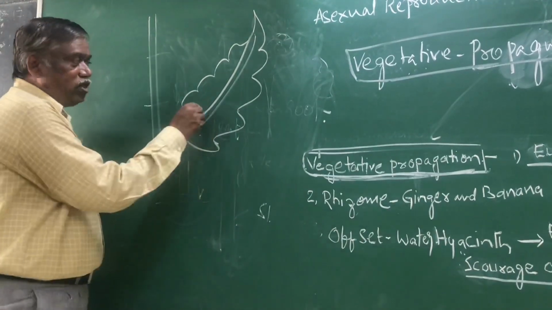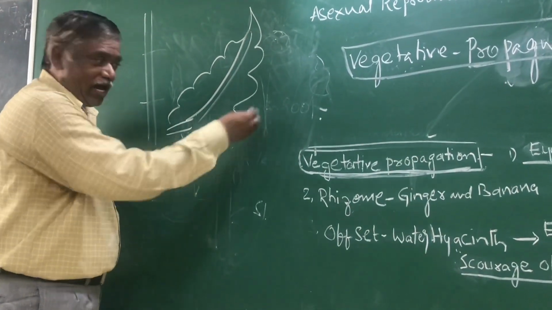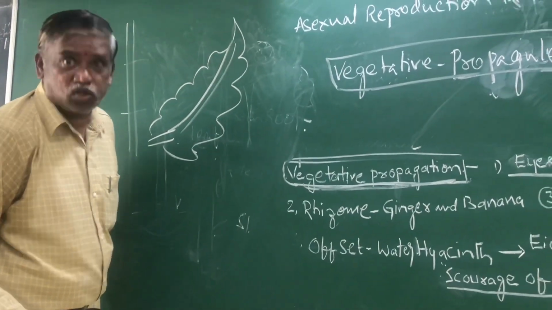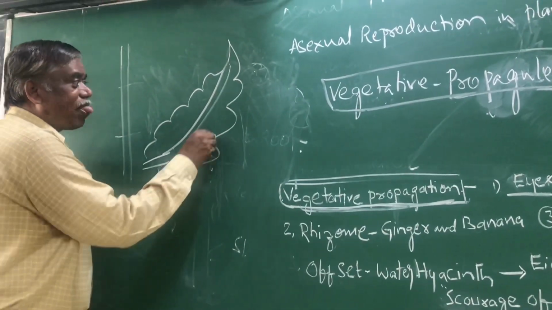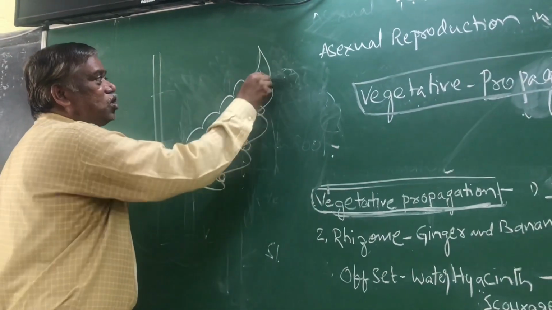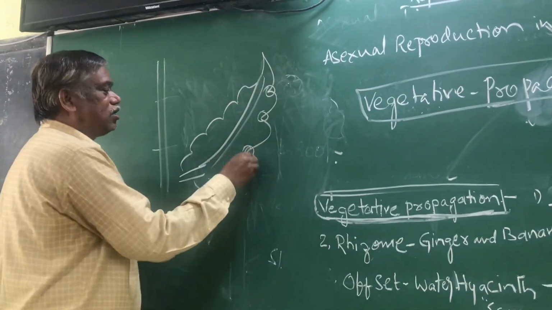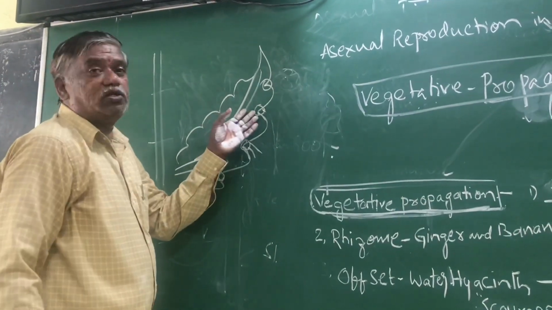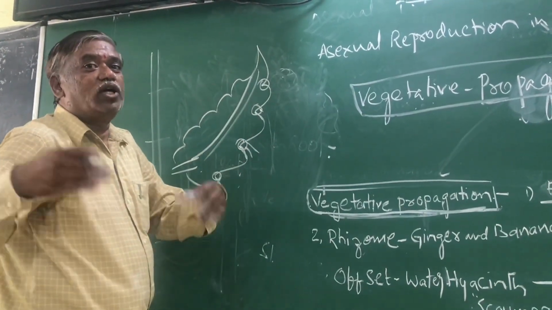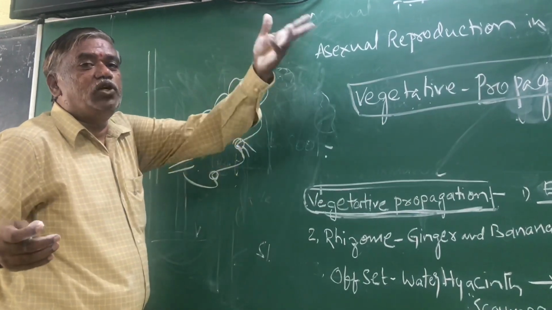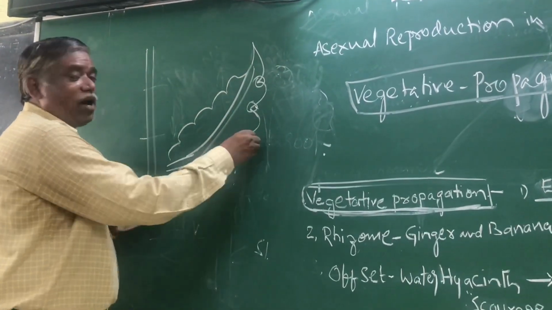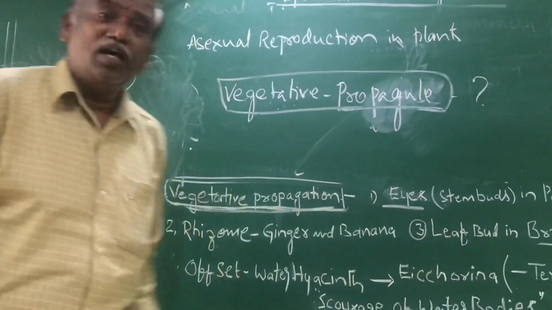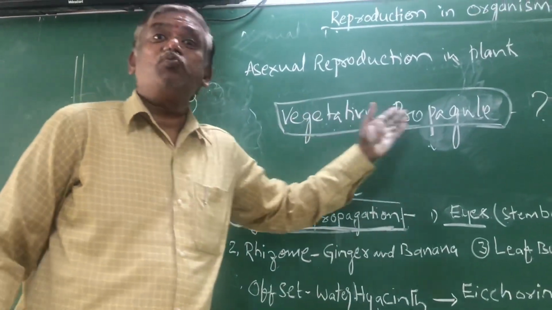When this leaf touches moist soil, from this margin some buds will form. These buds separate, grow individually, and become new individuals. Hence, these marginal leaf buds act as vegetative propagules.